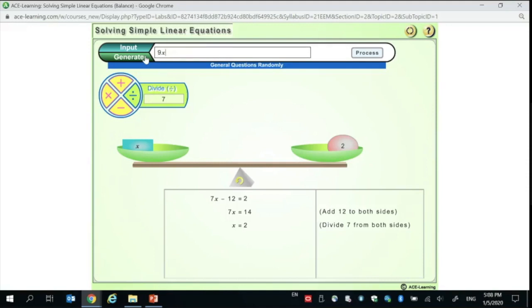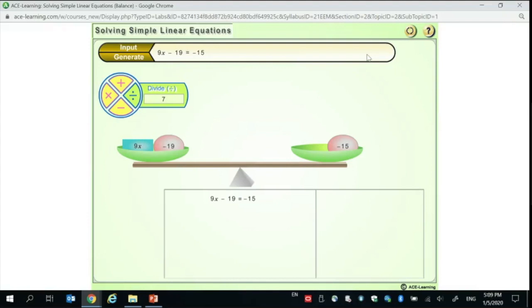9x minus 19 equals to negative 15. So once again, we try to remove the constant term first. There's a minus 19 here, so we plus 19 on both sides.